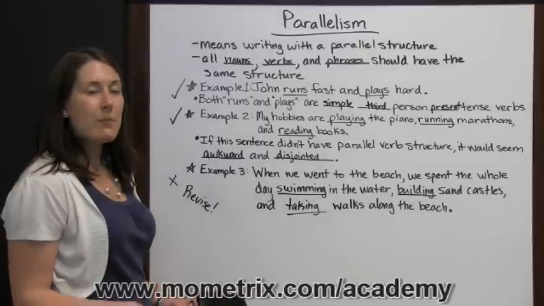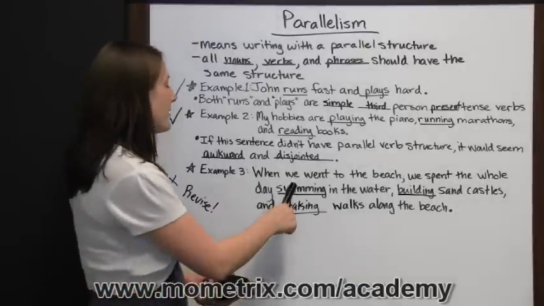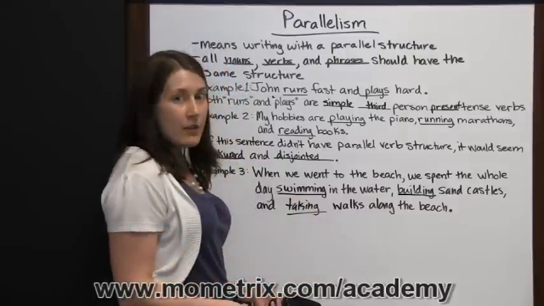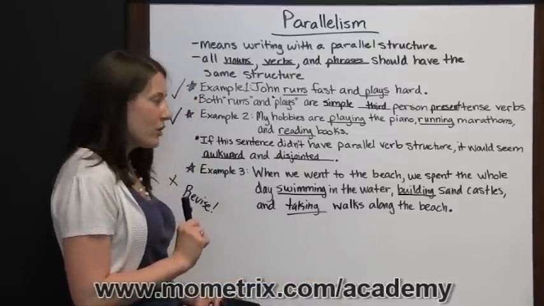Let's look at another way, because whenever you're trying to find parallel structure, you don't necessarily have to make it all match the first verb that you come to or the first noun that you come to. You just have to make them all have the same structure.